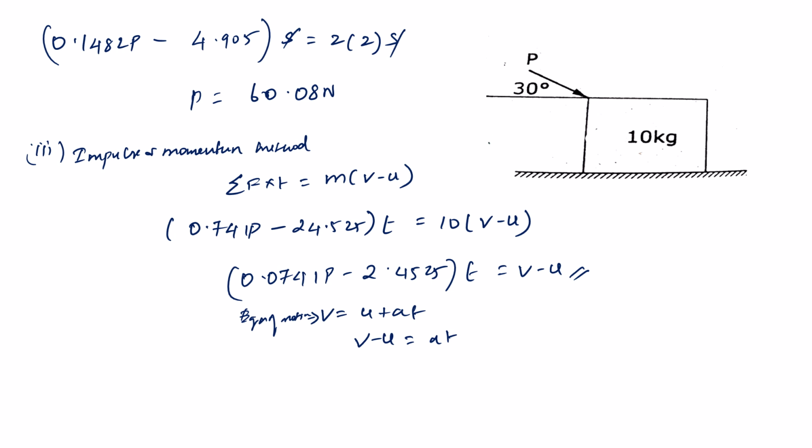We have v minus u in terms of t from the previous expression, so we express (0.0741p minus 2.4525) t is equal to, a is going to be 2, so 2t, and t and t get cancelled. Solving this, we also get 60.08 newtons.